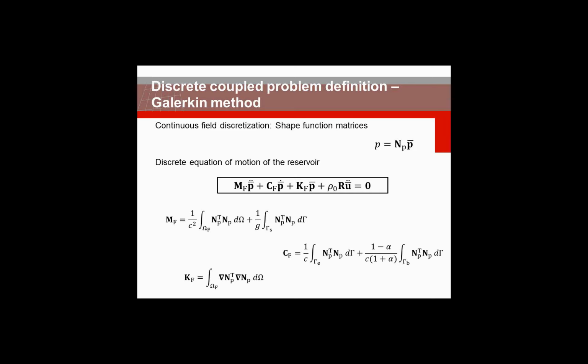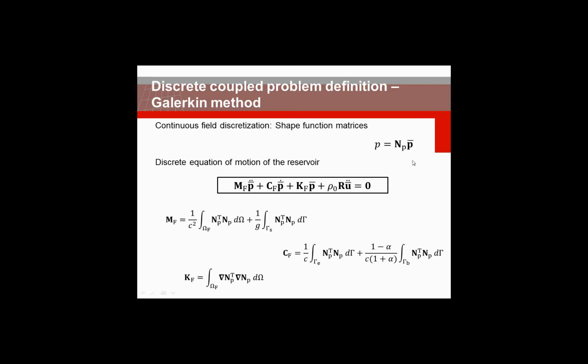For doing this, we use the shape functions method. We transform the domain, which is continuous, into a domain which is defined in several points of a mesh, right?